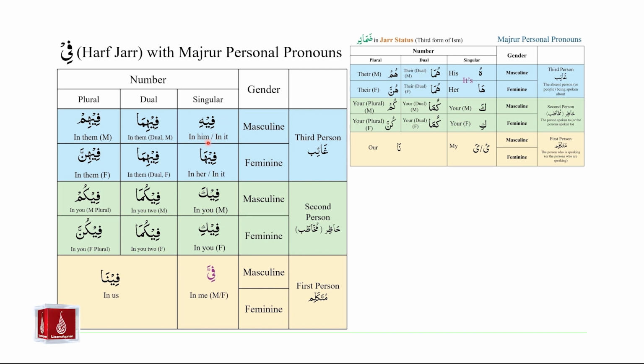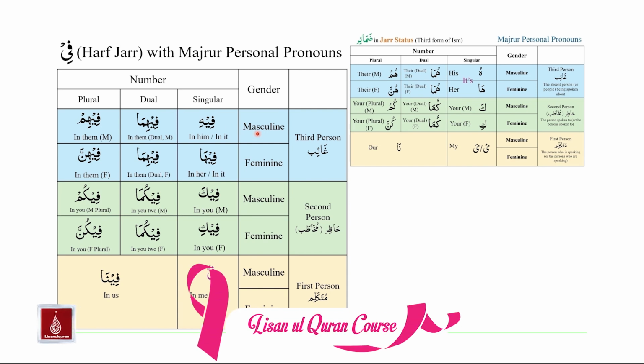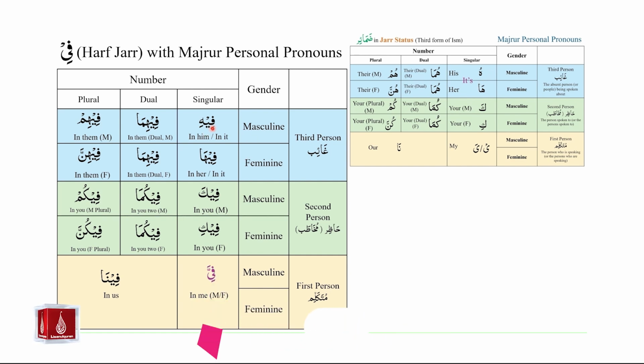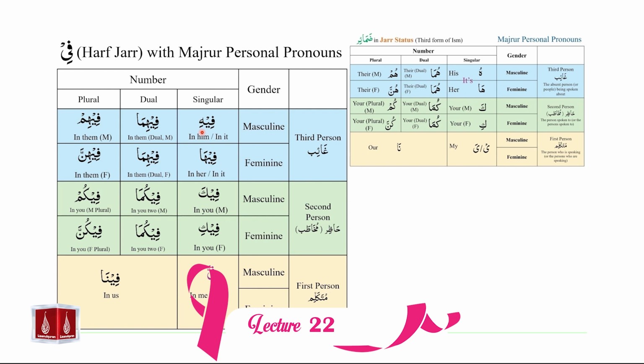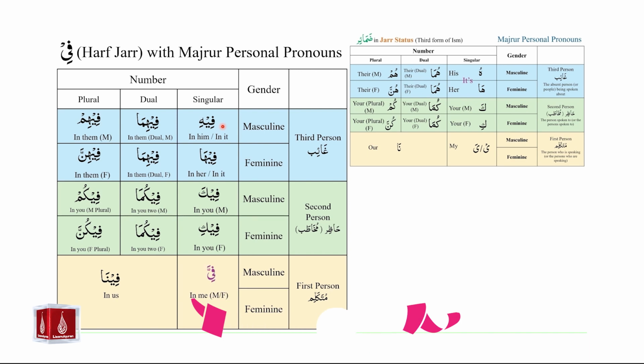Fihi means in him or in it. Please note again that we are saying and writing fihi rather than fihu, because we studied that if hu is preceded by ya with sukoon on it, then that hu will be written as hi, which will involve ha with zair underneath it. Fihi.